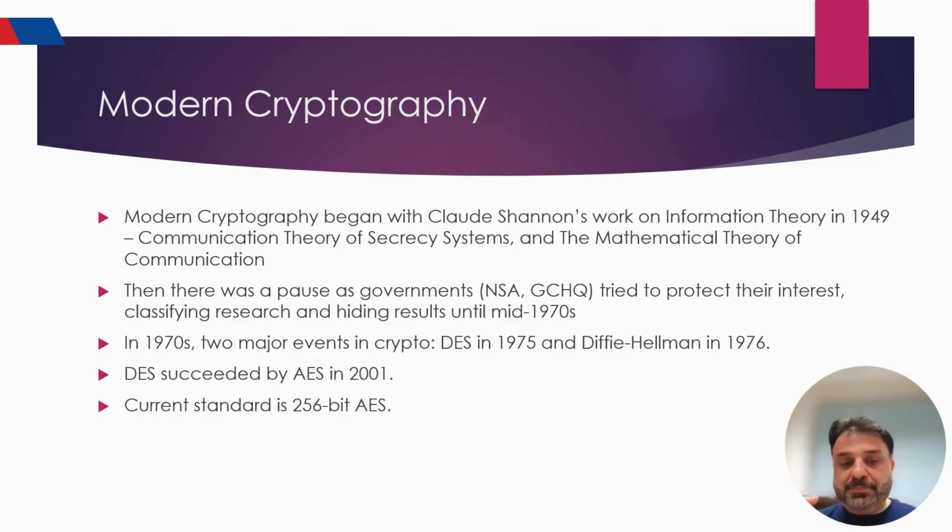Then there was a pause as governments, NSA or GCHQ, tried to protect their interests, classifying research and hiding results until the mid-1970s. In the 1970s, we had two major events in crypto: DES in 1975 and Diffie-Hellman in 1976. DES was succeeded by AES in 2001, and the current standard we use here is 256-bit AES. 256 means the size of the key in AES.